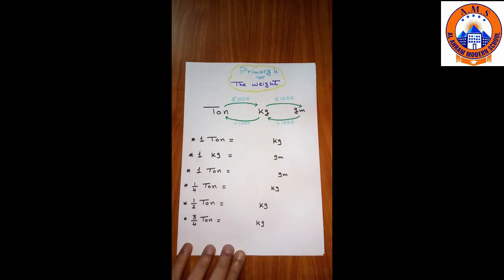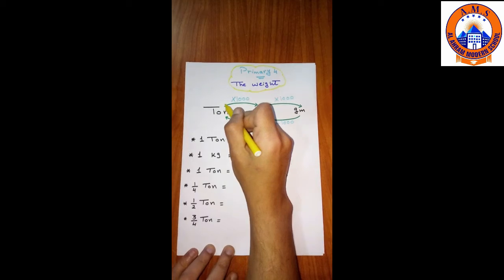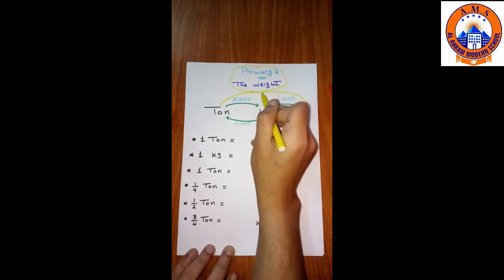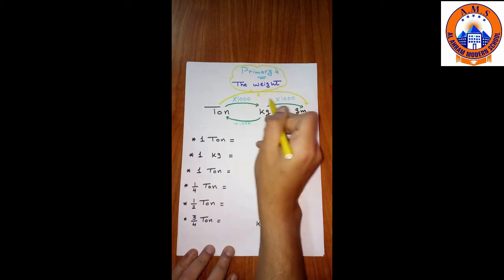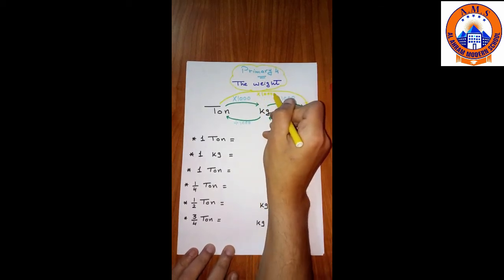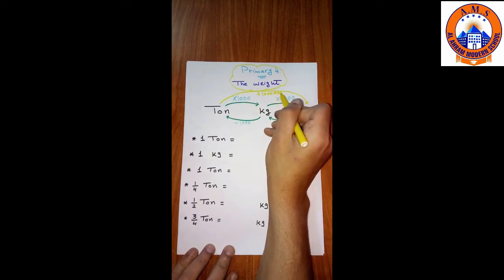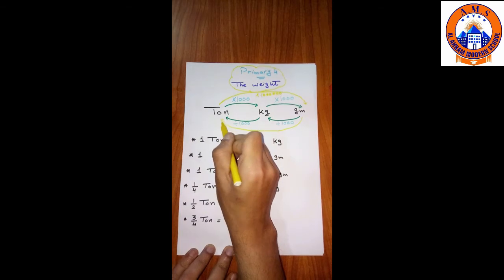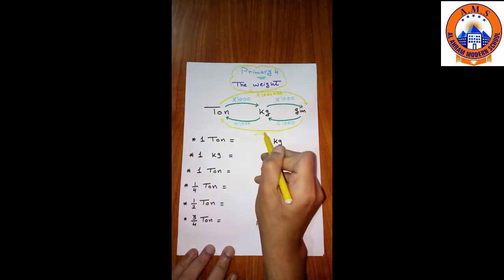And the most important one: when you transform from ton into gram, you multiply by 1000, then 1000, so you multiply by 1 million. And from gram into ton, you divide by a million.